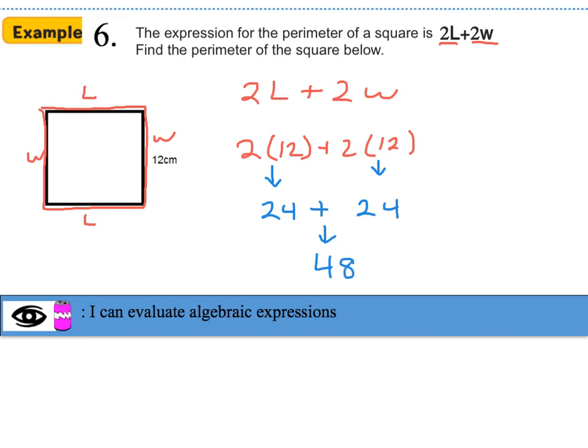But because this is dealing with perimeter, I have to write 48 centimeters. In the last problem, I wrote centimeters squared, but that's because it was area. This is not area, so I'm going to just keep it as 48 centimeters. So the perimeter around the entire square is 48 centimeters long.